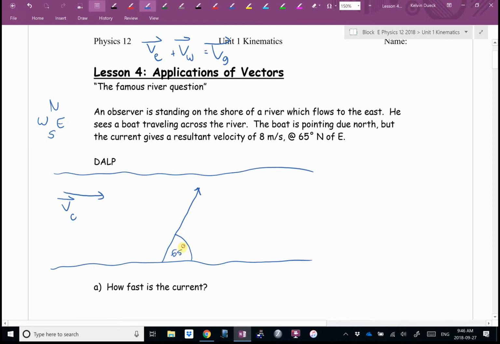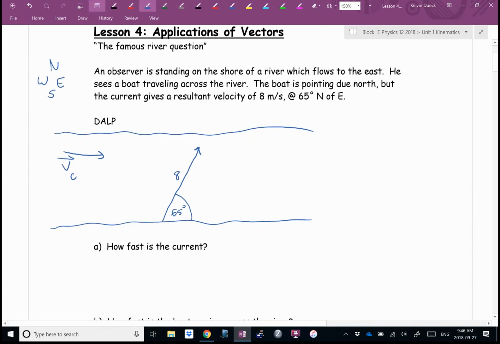I think that is 65 degrees north of east. How long is that vector? How big is it? 8. Okay. All right. I've DOLPed. I'm going to play around with the triangle here a little bit in a second, but okay.